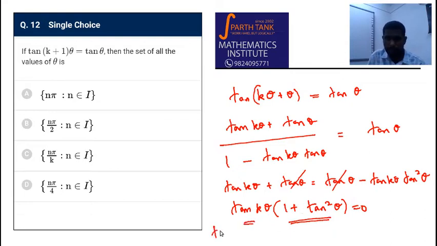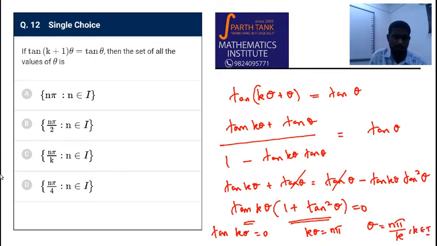So if tan k theta is 0, we know this general solution is k theta is n pi, n can be any integer. So theta has to be n pi by k, where k can be any integer. So n pi by k is option C. Very simple question. Use this trigonometric identity and get the general solution.